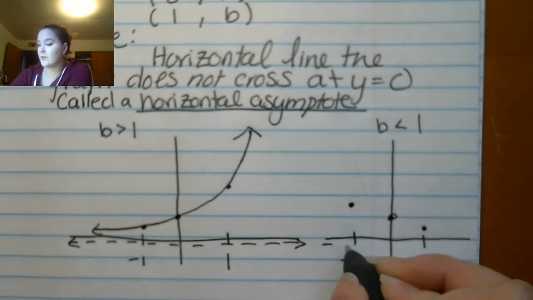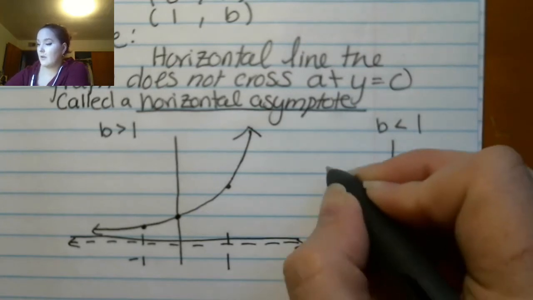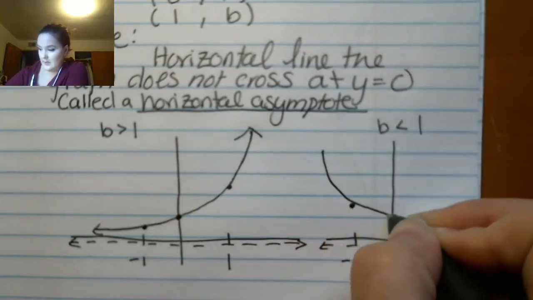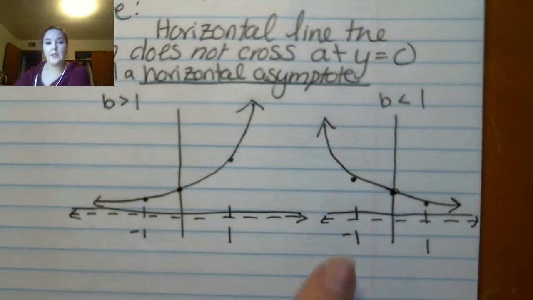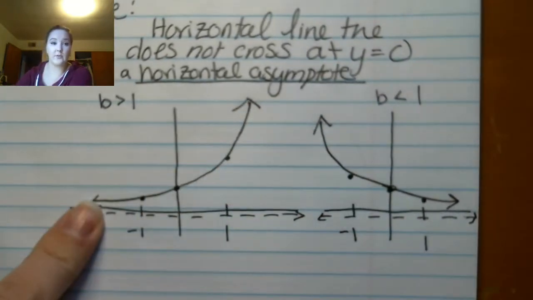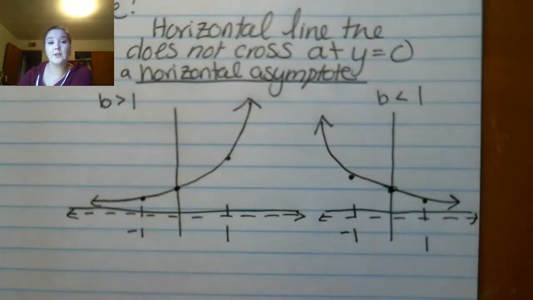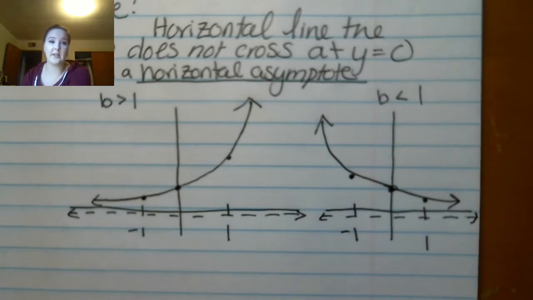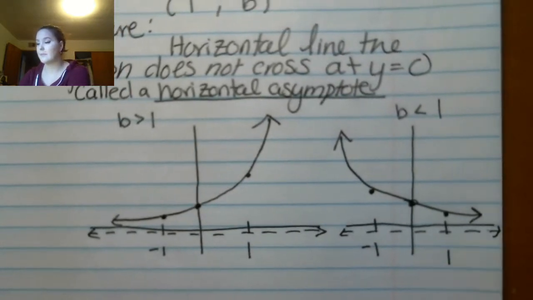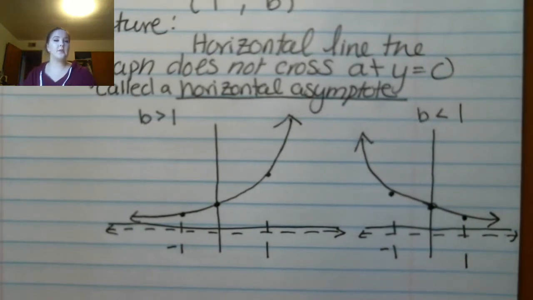Still have this horizontal asymptote that goes along the graph here, and we have this shape. So you can see that the shapes are just reversed here. This one goes up, this one comes down. They should be the same shape, just reversed from each other, or reflected, as we've been saying about our graphs. All right, so let's go ahead and look at some examples.